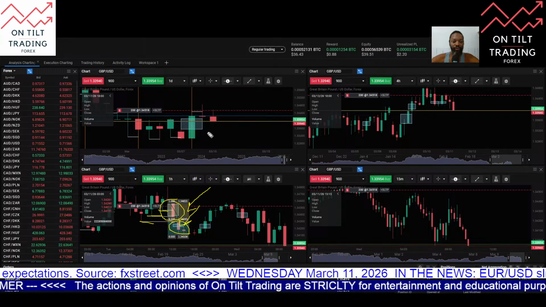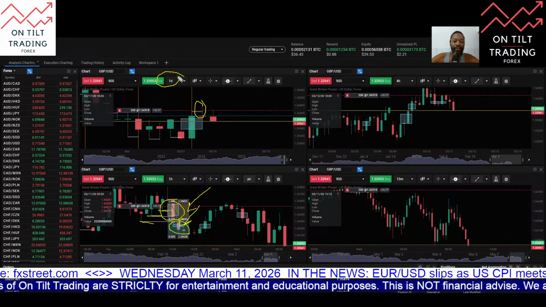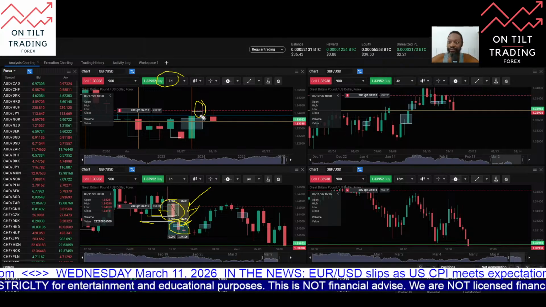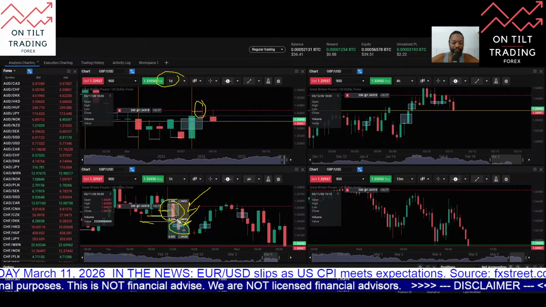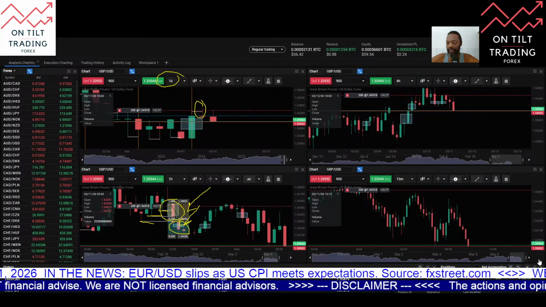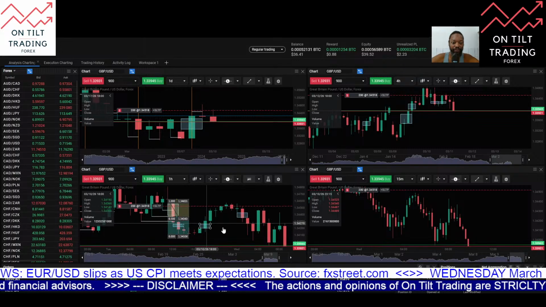So seeing this on the 1 hour coupled with the daily sweep of the previous day's range, then this is showing the sell side bias along with a sell side trending market, along with sell side trending market conditions.